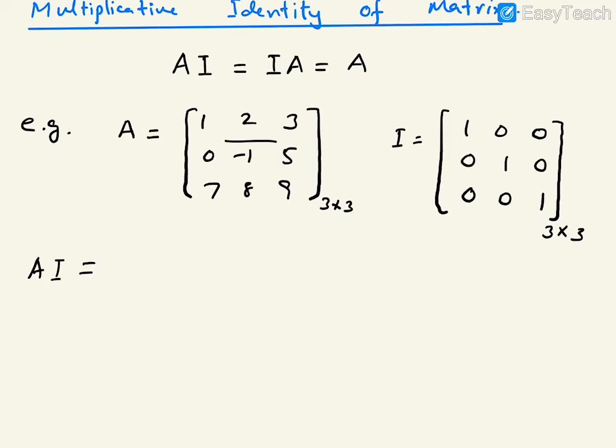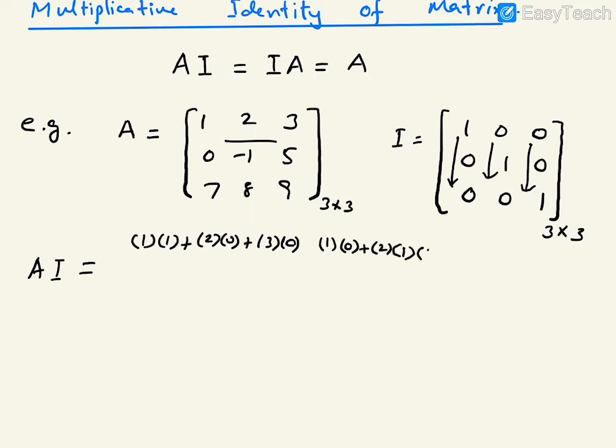this row, you will multiply with this column, 1 into 1 plus 2 into 0 plus 3 into 0. Similarly, the same row you will multiply with the second column and third column. So you will get 1 into 0 plus 2 into 1 plus 3 into 0.